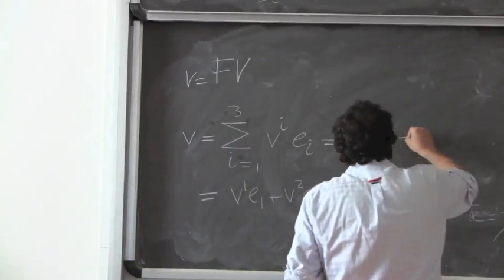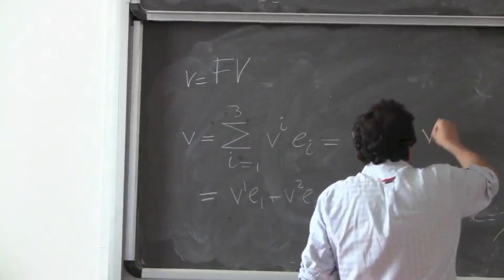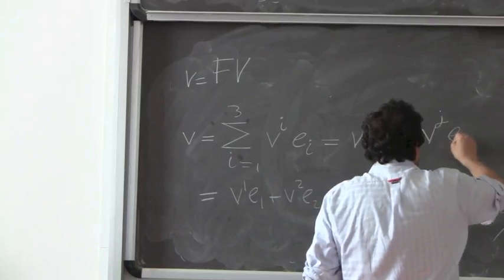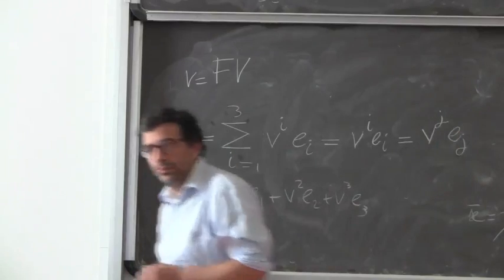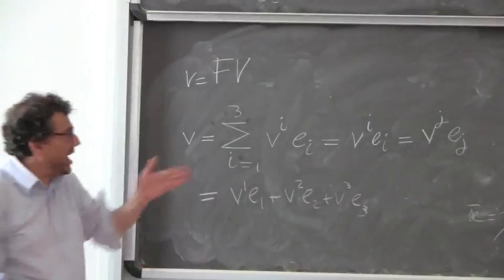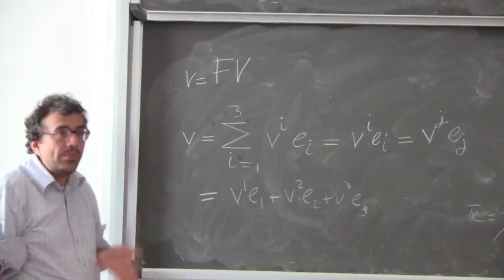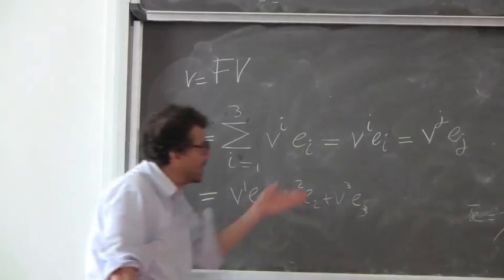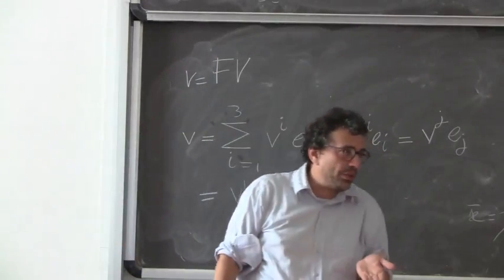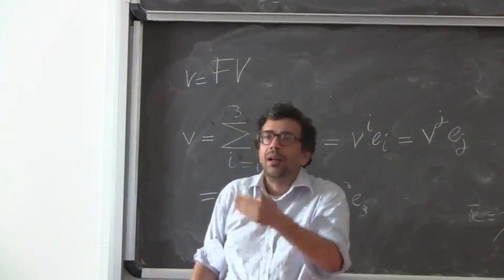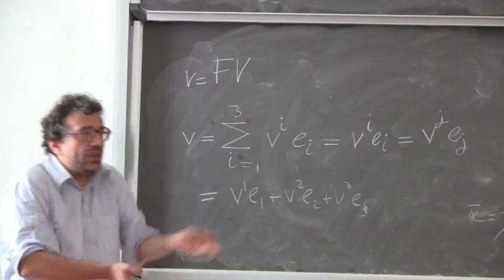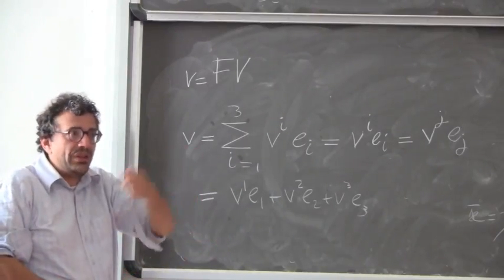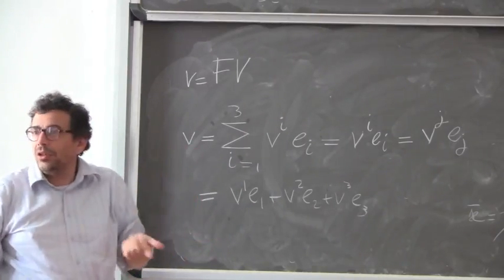Of course, you are not worried, I hope, by this word. I can change the name of the index. I hope that you have experience with programming languages. If you have a for or a do cycle, you can change the name of the variable in the cycle, nothing happens.